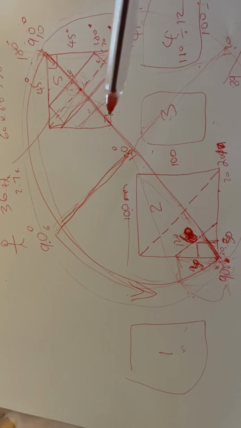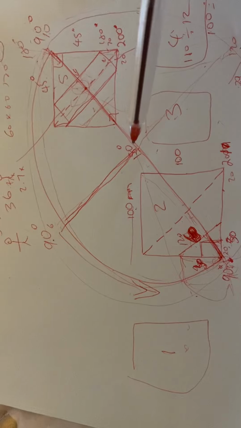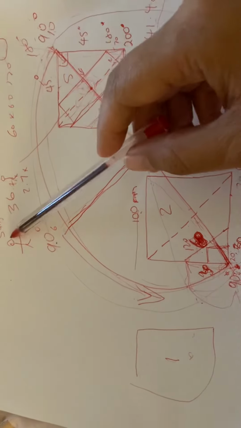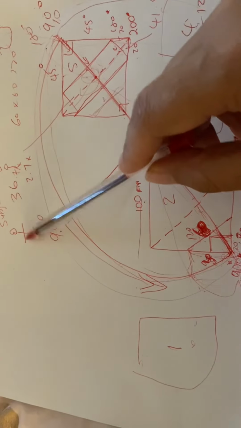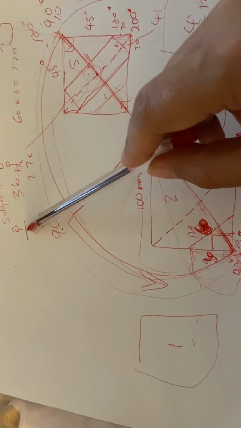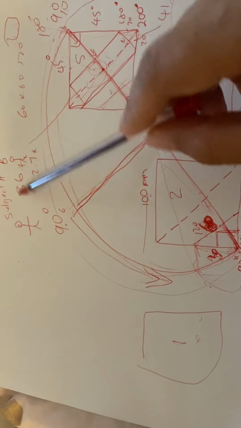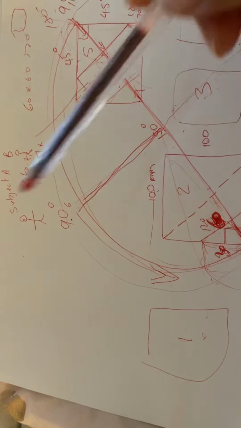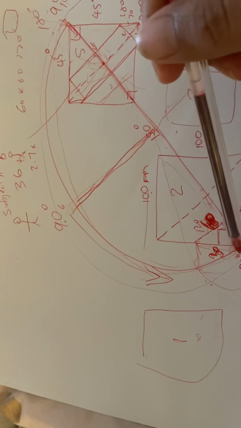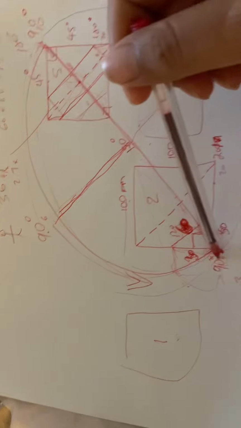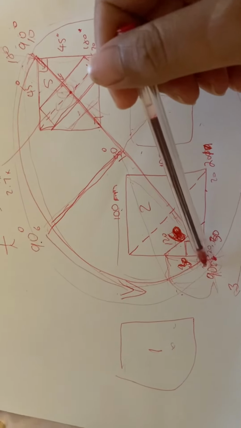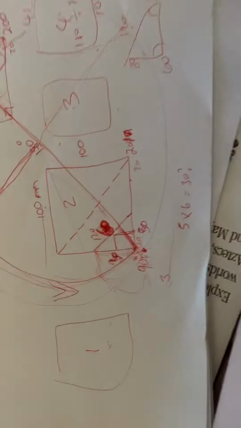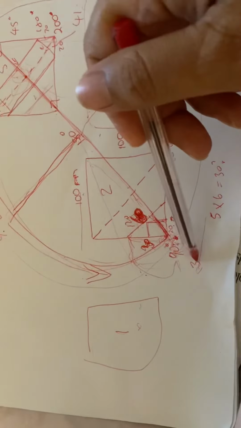The first thing that happened was, we've got 2 people here, 1, 2, at 90 degrees at 6 o'clock. And then we've got me, third person, at 90 degrees at 3 o'clock.